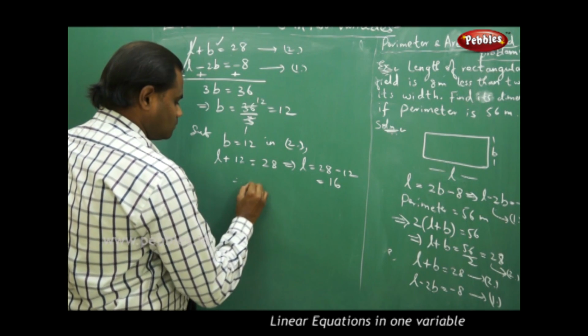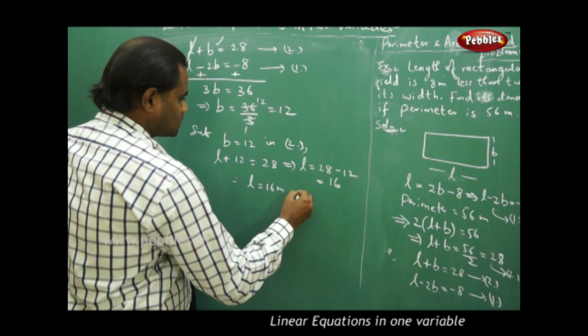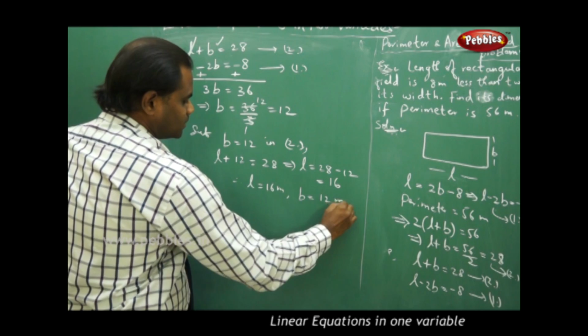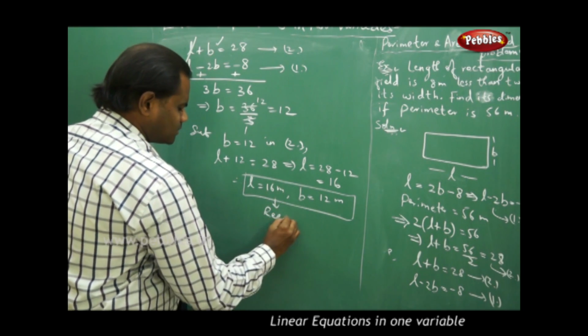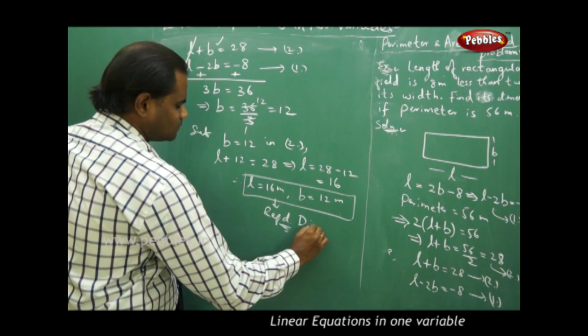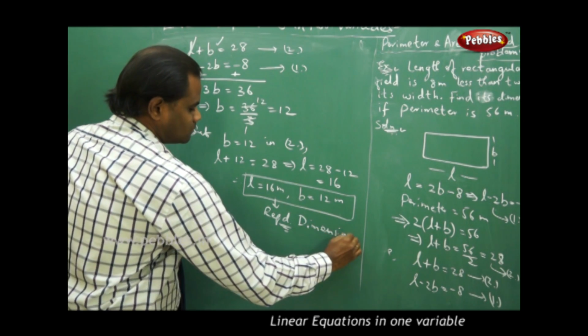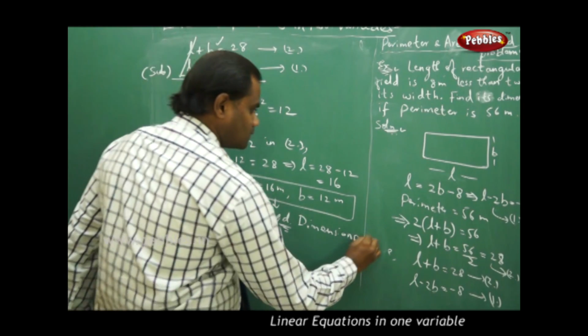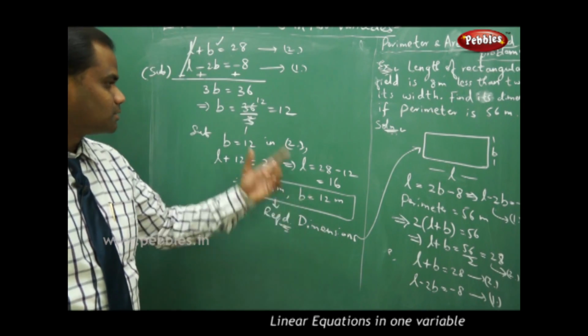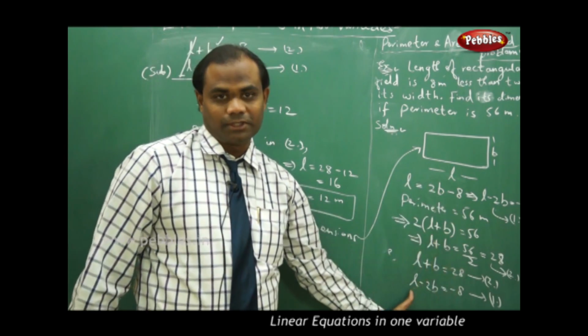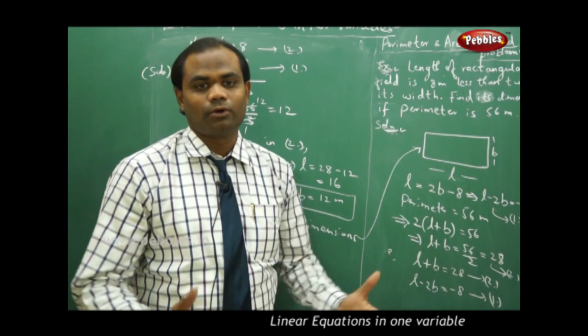Therefore my length is 16 meters and my width is 12 meters, which are the required dimensions of this rectangle. So I get the dimensions using the concept of linear equations from the given word problem.